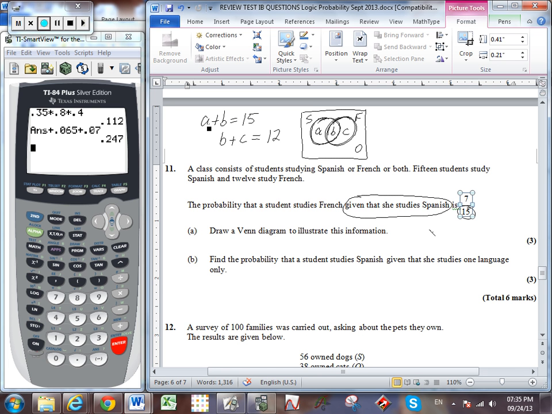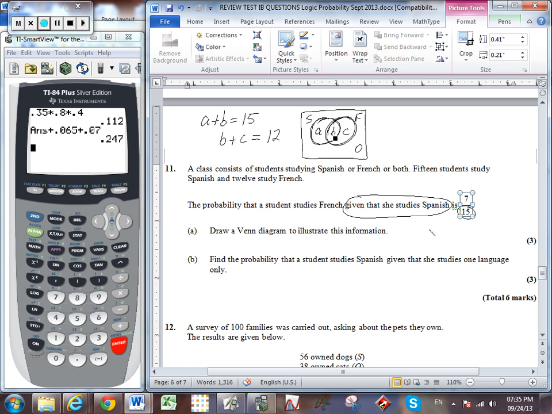Now that's no surprise, because the total number of Spanish studiers, A plus B, is 15. The probability that a student studies French under these circumstances is 7 over 15. So of the 15 Spanish studiers, 7 of them are in the French circle.